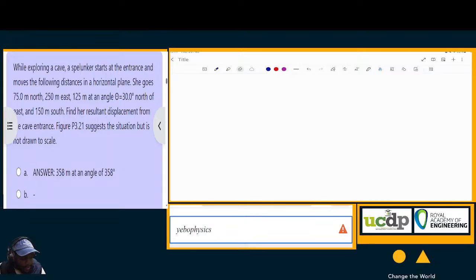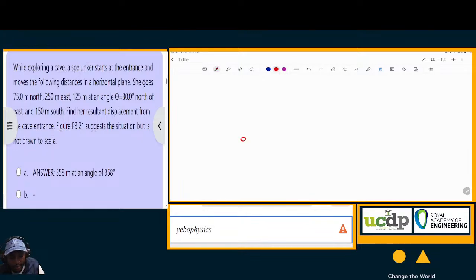This question will require our knowledge of vectors and resolving. So I'm going to draw the Cartesian plane for that diagram. Before I put my axes, I can just put the origin here.